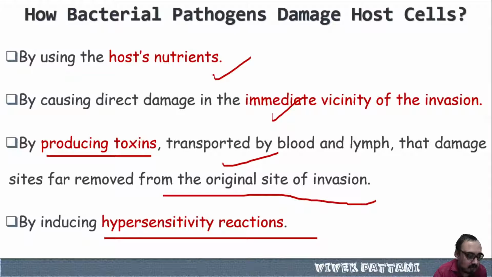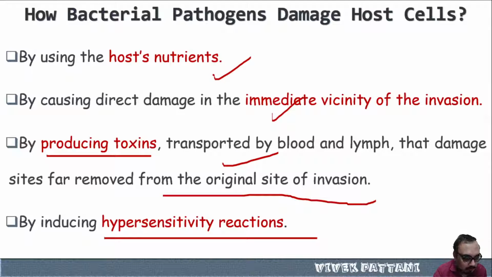Once inside the host cell, the bacteria may remain enclosed in a vacuole composed of a host membrane, or the vacuole membrane may be dissolved and the bacteria may disperse within the cell and from one cell to another.